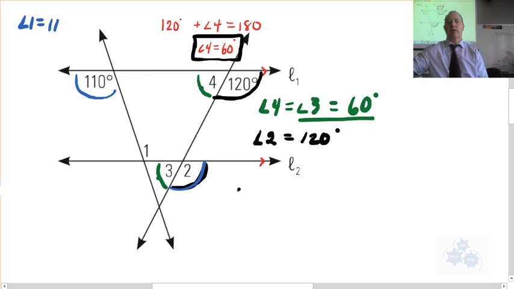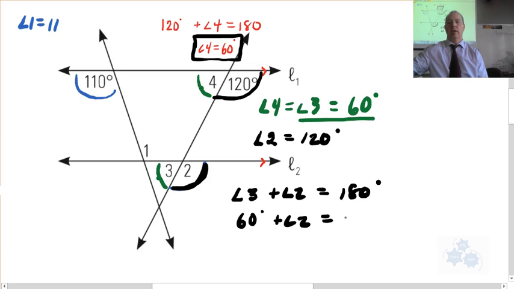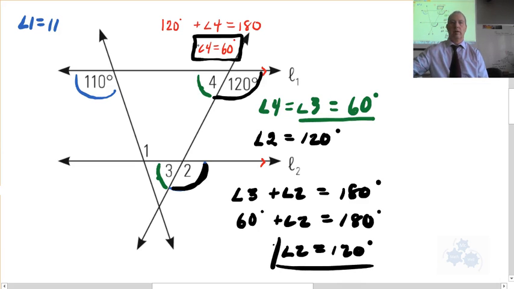And also you could say angle 3 plus angle 2 equals 180. We already know that angle 3 is 60, so 60 degrees plus angle 2 equals 180. So angle 2 is 120. Okay?